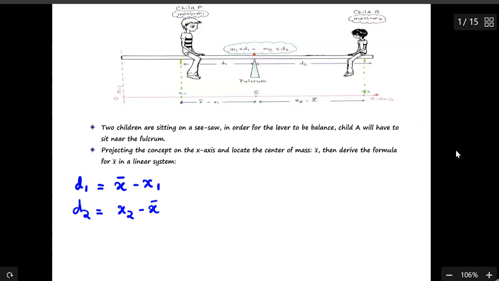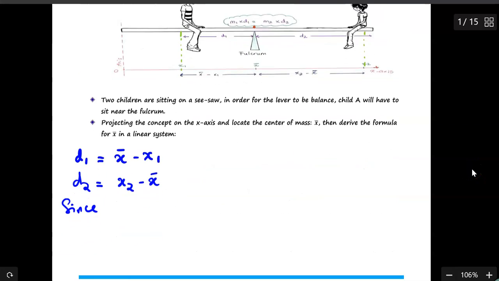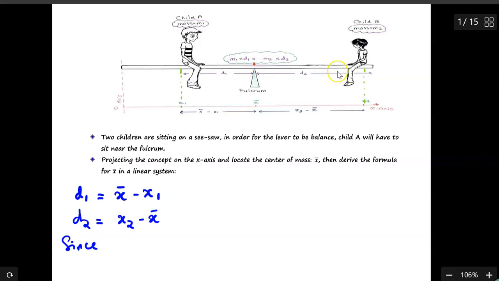Now, according to Archimedes' law of lever, moment is equal to mass times the distance. So for child A, his mass m1 times d1 has to be equal to the mass of child B, which is m2 multiplied by d2.